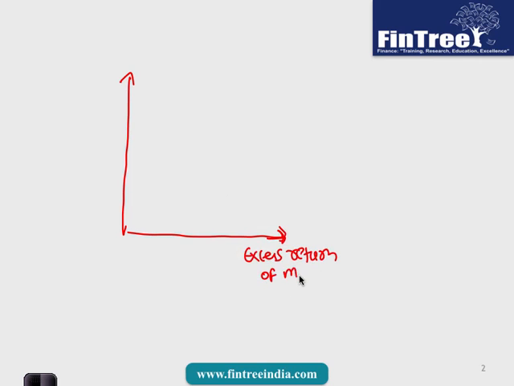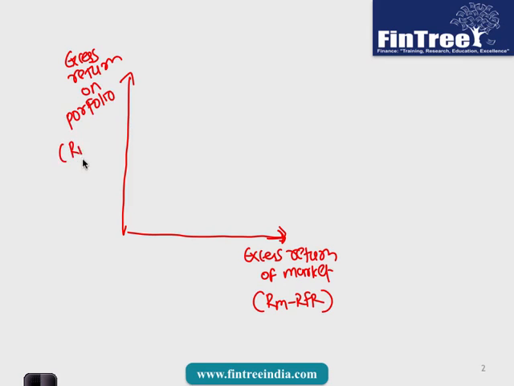Now, how to calculate beta? On x-axis, we are going to put excess return on market, which is RM minus RFR, and on y-axis we are going to put excess return on portfolio or a particular stock, which is calculated as RP minus RFR, and we build a regression out of it.